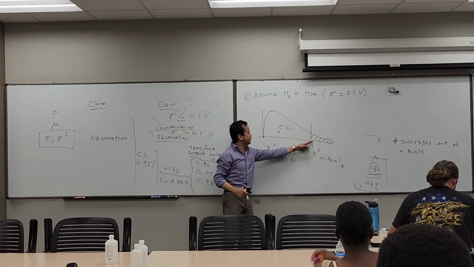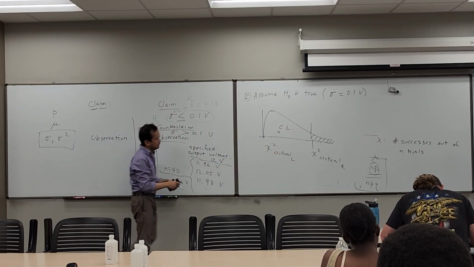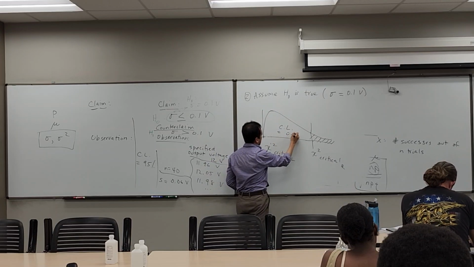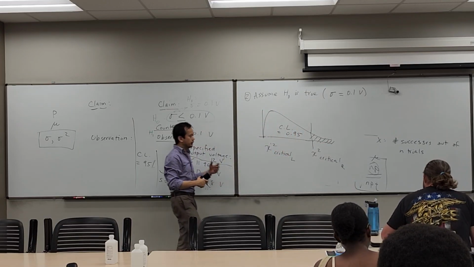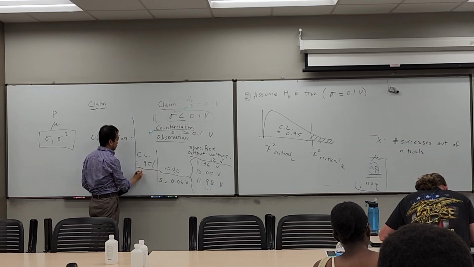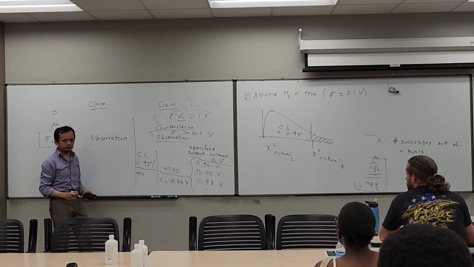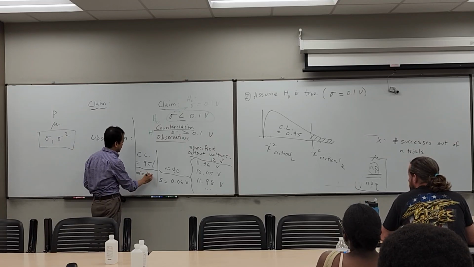So the area of the body will equal the confidence level, that's 95%. And the area of all the tails combined will add up to whatever's left over, which is alpha. So in this case, what's alpha or what's left over from 95%? 0.05, yeah, 5%.